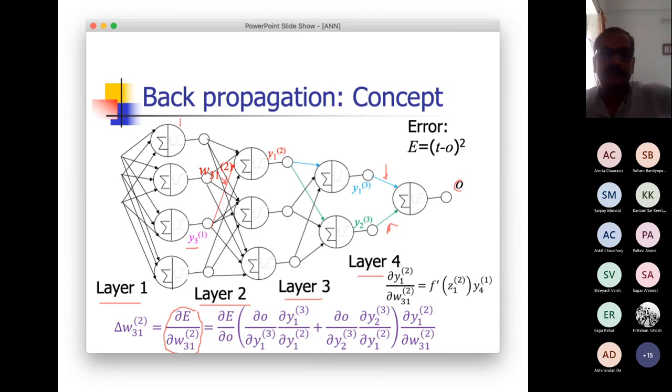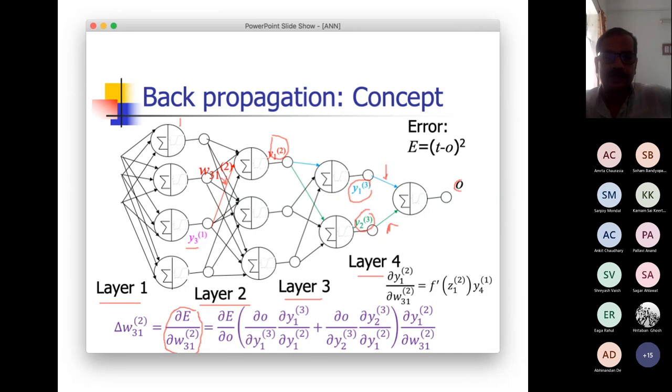If you look at which variables are getting affected by this dependent variable: since W31 is connected to this response, this will be affected. If I change W31, then since this is affecting these two, these two values will be affected. So effectively, I have to compute the derivative with respect to these, and then we'll be adding them.